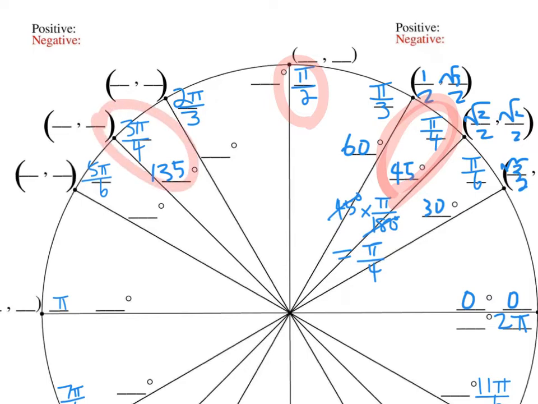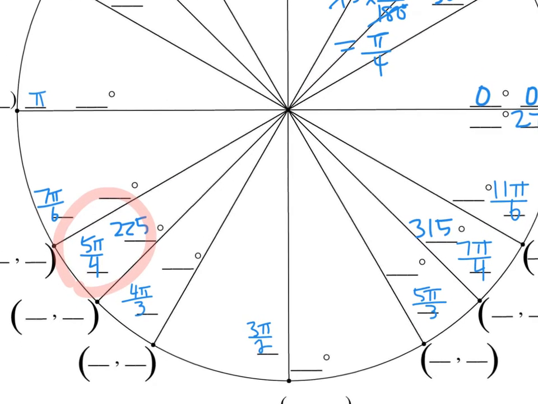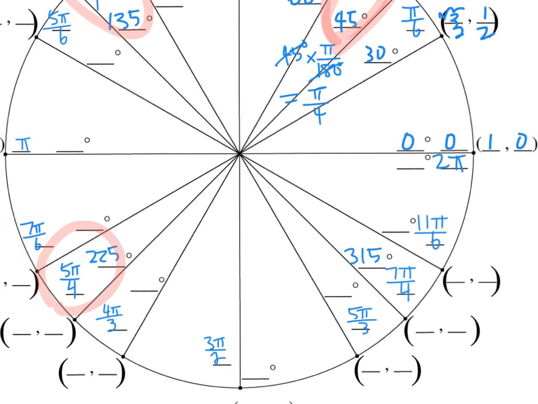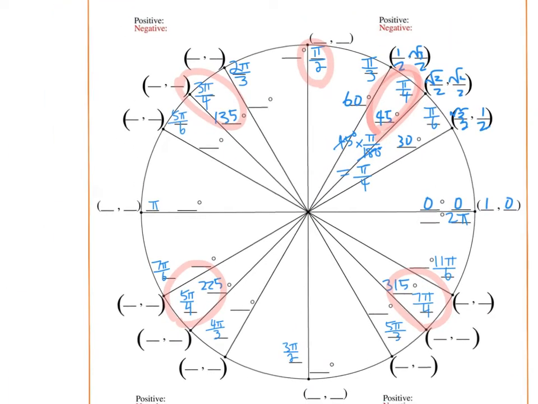So you can see it goes 1 pi over 4, 2 pi over 4, 3 pi over 4. And then 4 pi over 4 turns out to be pi. 5 pi over 4. 6 pi over 4 turns out to be 3 pi over 2. 7 pi over 4. So if you want, you can see that the 4s all go up by 2s. So 1 pi over 4, 3 pi over 4, 5 pi over 4, 7 pi over 4. So it goes 1, 3, 5, 7, the odd numbers.